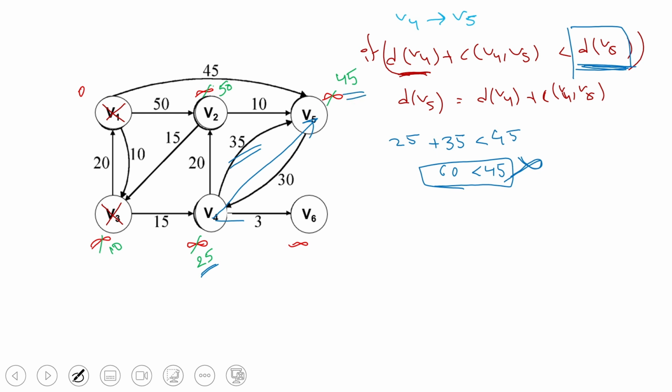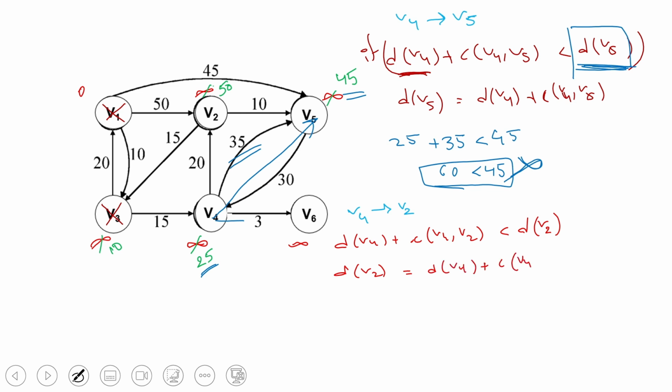Okay, next one we'll write as v4 to v2. Tell me the formula. Distance of v4 plus cost from v4 to v2 is less than distance of v2. If this is true, then distance of v2 equals distance of v4 plus cost from v4 to v2, if and only if this statement is true.